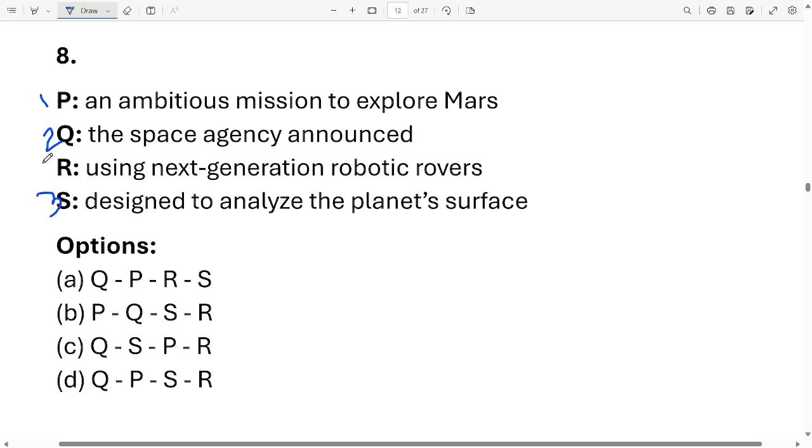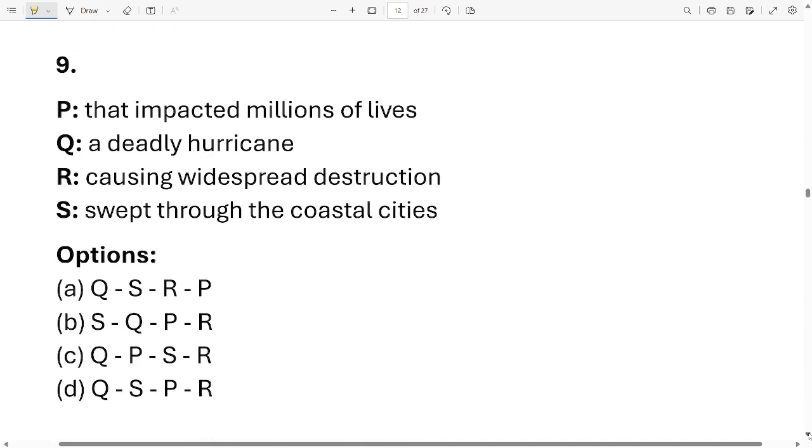Okay, this is the combination. So it is P Q S R. Which option is having P Q S R? It is option B.